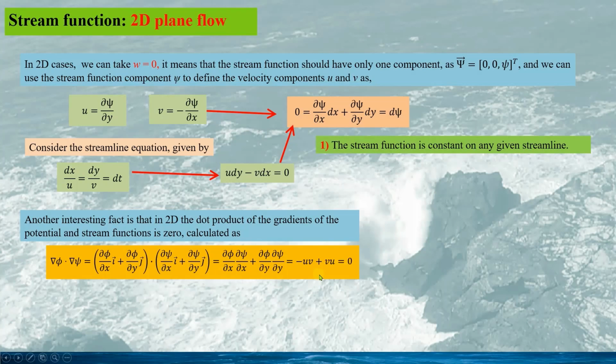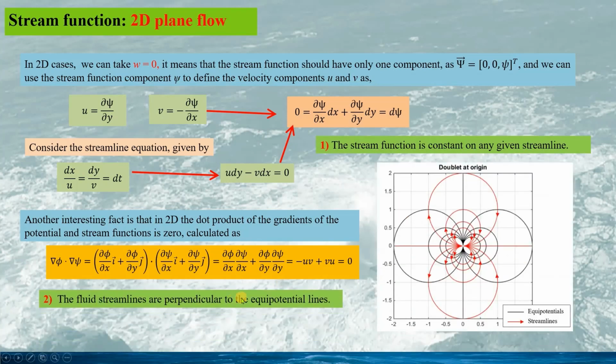So in 2D, we can see the stream lines are always perpendicular to the equipotential lines. In this plot, the black circles are the equipotential lines and the red ones are the streamlines.